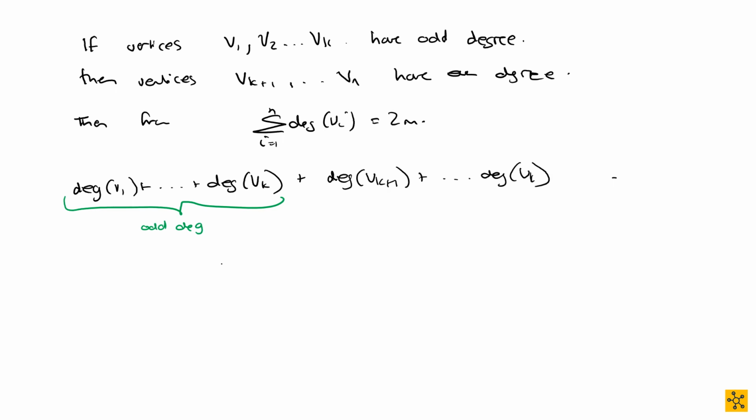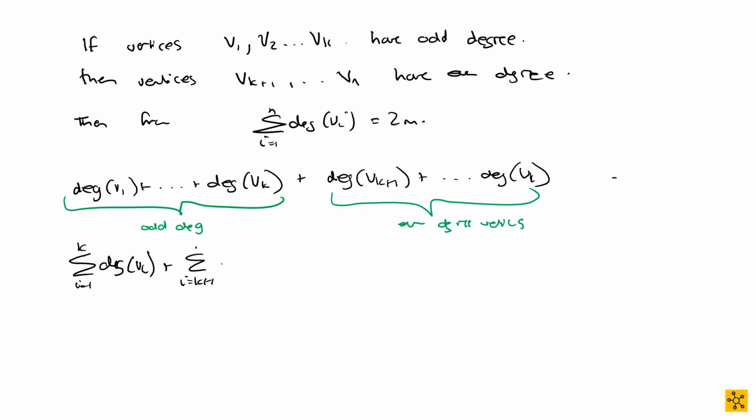And again, these are just going to be the general situation for all your even degree vertices. You can also write this as the summation i equals 1 to k of the degree of vi plus the summation i equals k plus 1 to n of the degree of vi. And we know that this is equal to 2 times m.